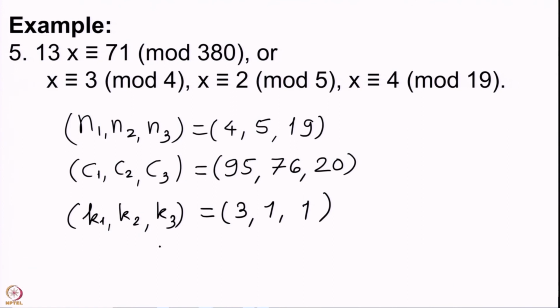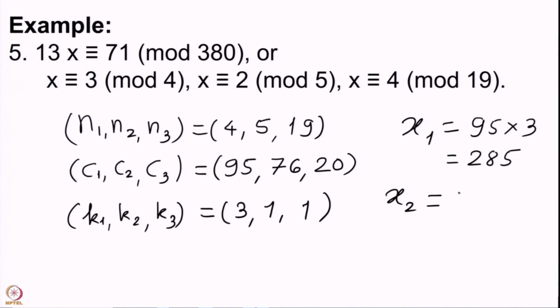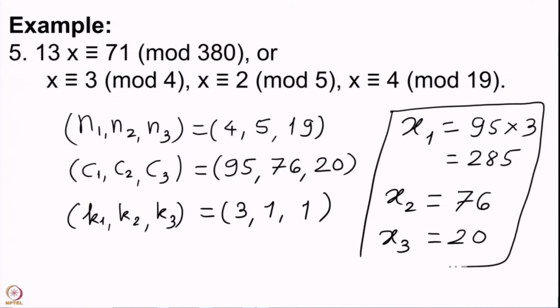We have X1, which is C1 K1, 95 into 3, which is nothing but 285. X2 is 76 into 1, that is simply 76, and X3 is simply 20. So, these are the important things that we need to remember: 285, 76 and 20.